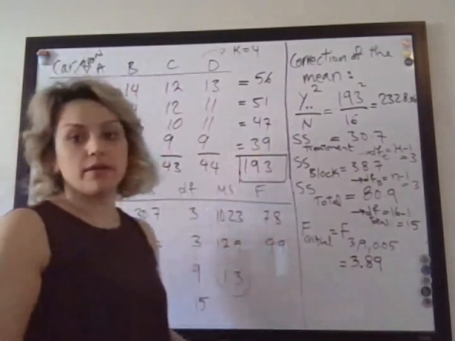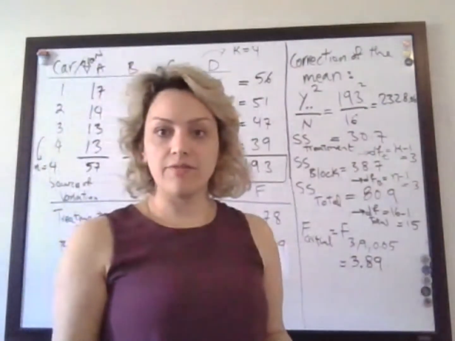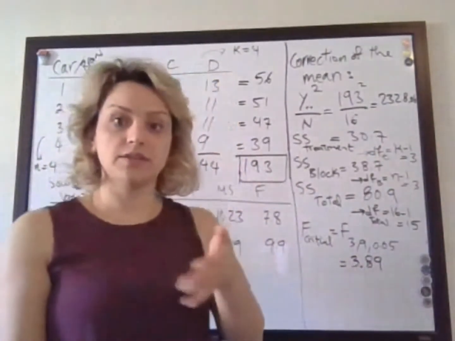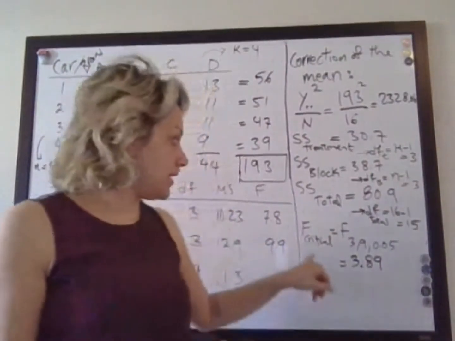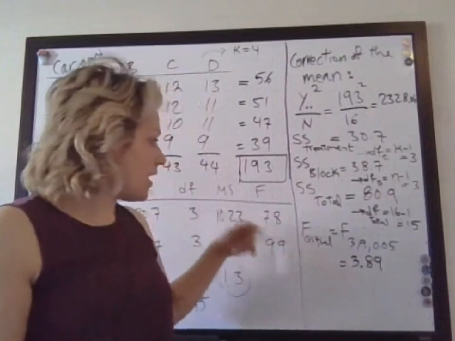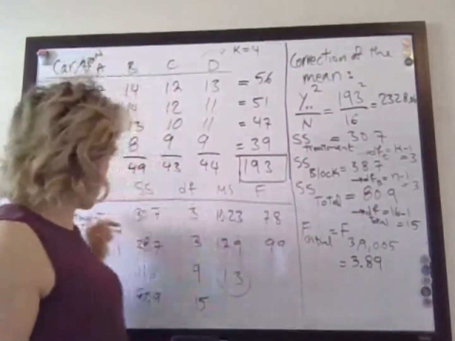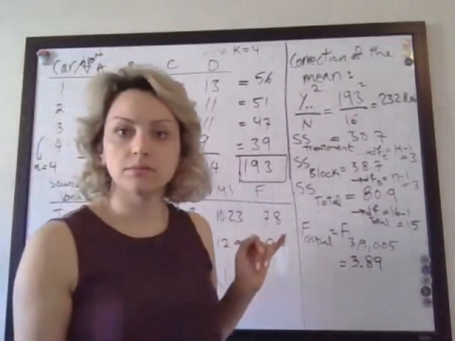Now we can compare the F observed of each of these, the treatment and block, with it. Let's see, this is the F observed of the treatment.